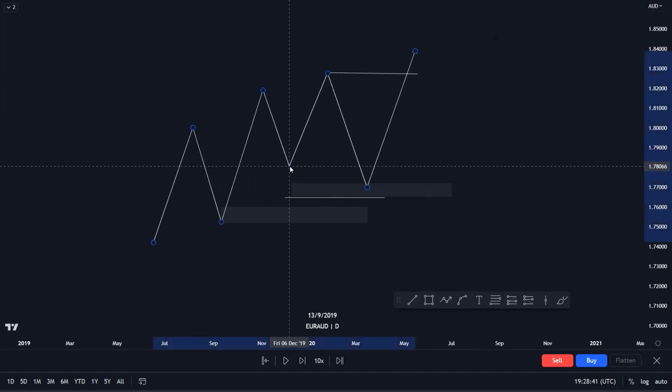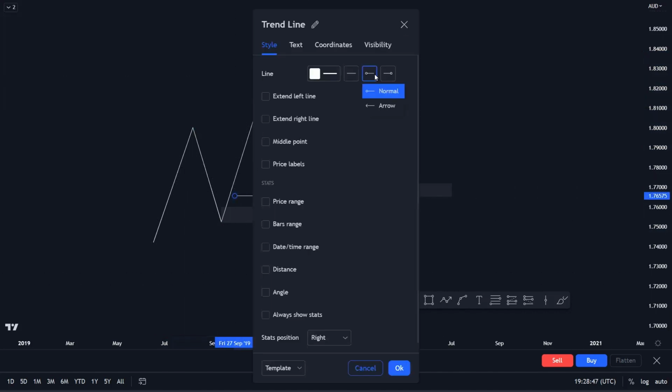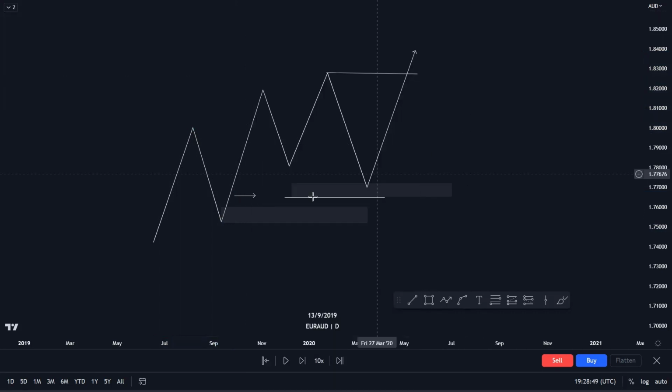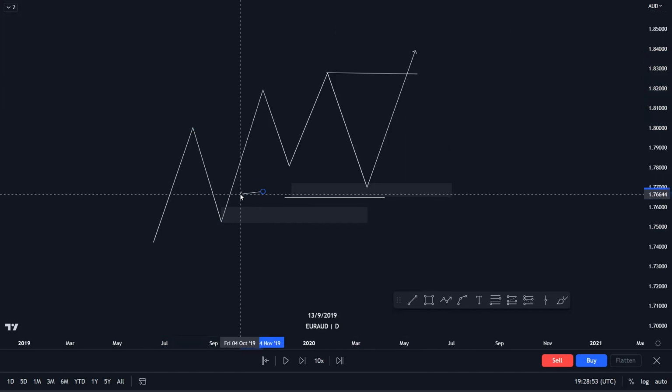So price can do this here, leave imbalance within this range, and leave liquidity below this low here.